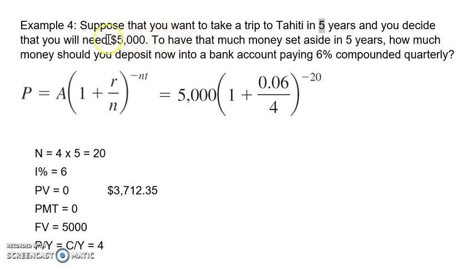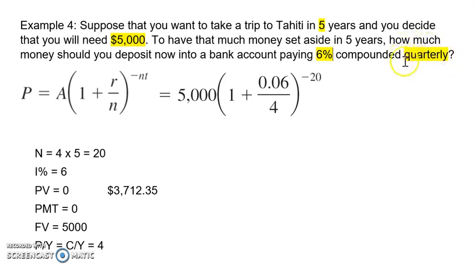First of all, I have 5 years. I will need $5,000. Because I will need that 5,000 in 5 years, that means it represents future value. The other important numbers in here are the 6%, that's the interest percent, and quarterly compoundments.